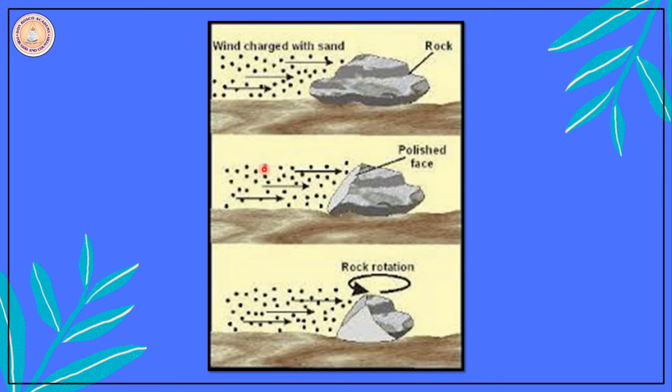Here we can see the wind is carrying the particles with it, and when it comes in contact with a rock, it does the work of polishing. Gradually, it wears down the rock. Due to the speed of the wind, the rock sometimes gets rotated, and the side which is unpolished now faces the wind. That also gets polished.